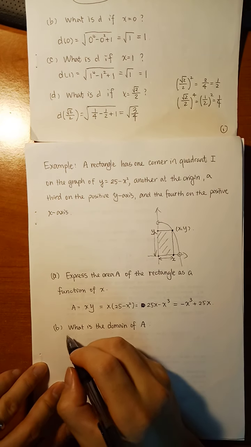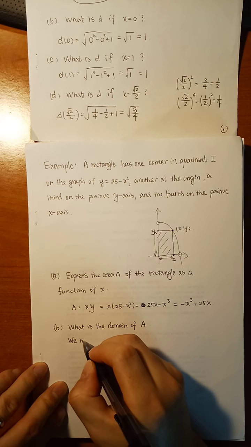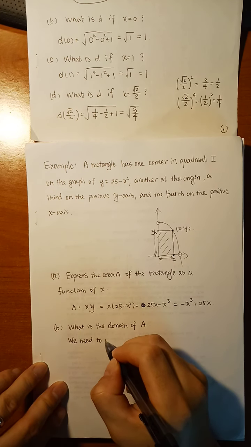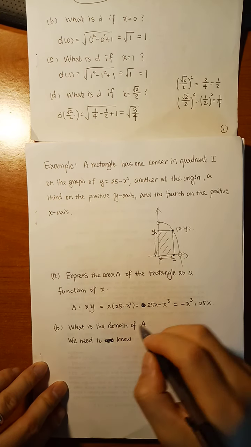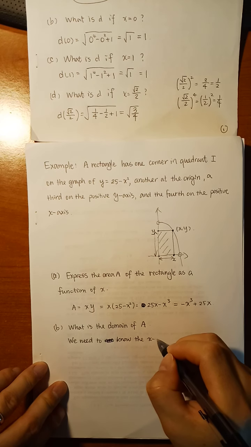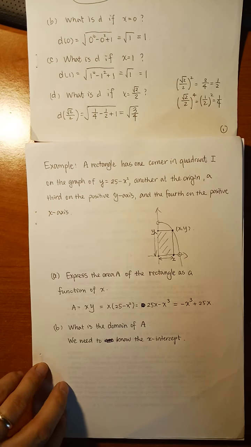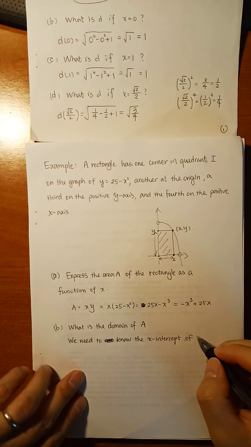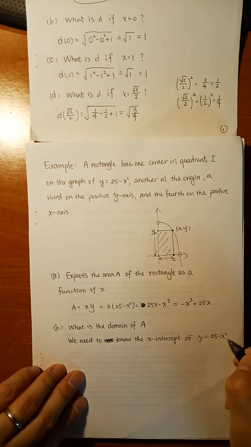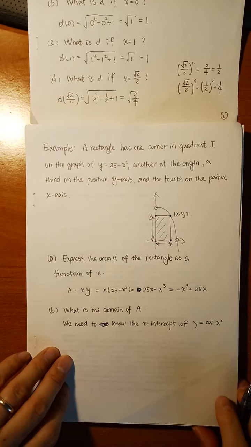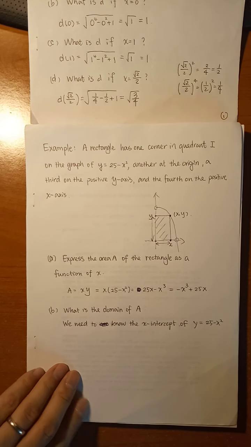So we need to know the x-intercept of y equal to 25 minus x squared. We need to know at least this positive x-intercept.